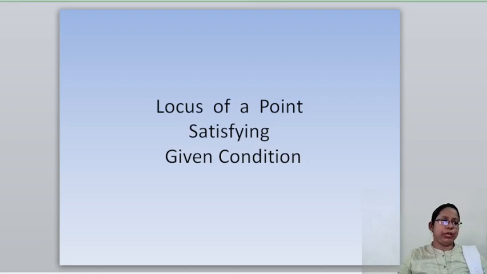In this lecture, we are going to discuss the locus of a point satisfying the given condition.